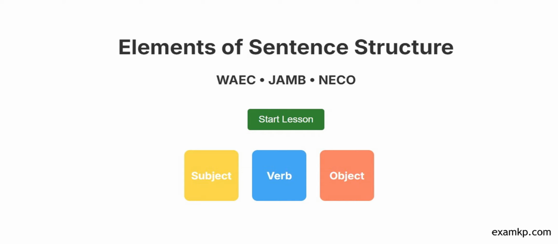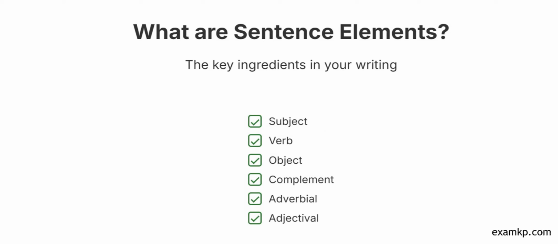Think of them as the key ingredients in your writing: the subject, verb, object, complement, and more. Every exam, WAEC, JAMB, or NECO, will test your understanding of these parts, whether in grammar questions, comprehension, or essay writing. So let's start with the core elements.